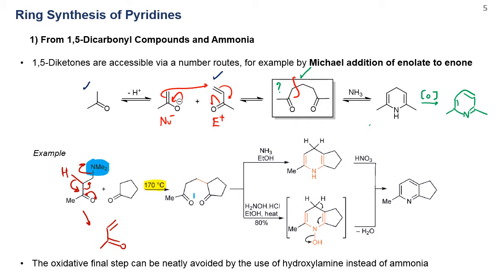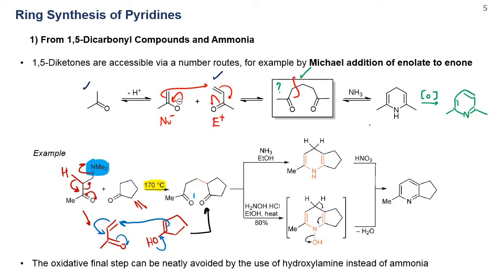Now the ketone can tautomerize to form the enol, and this can undergo nucleophilic attack by Michael addition, and at the end you are going to get the 1,5-dicarbonyl compound here.